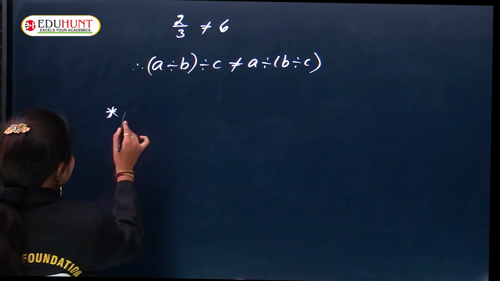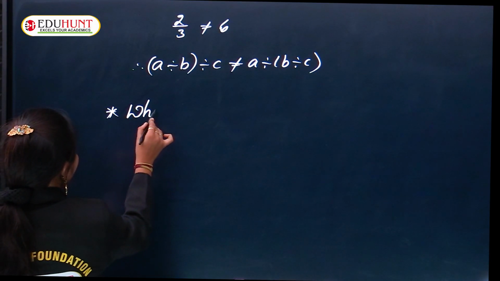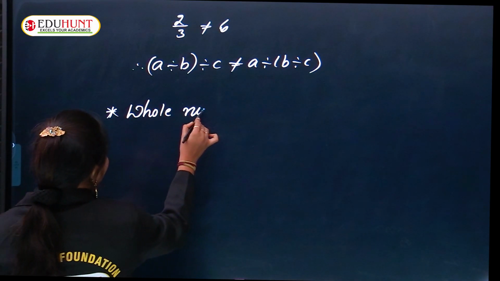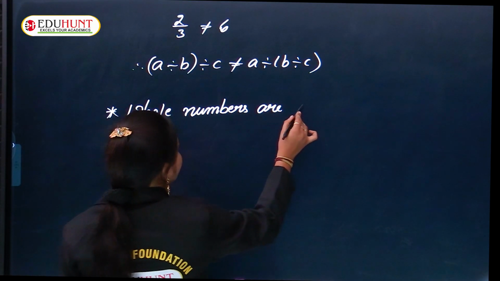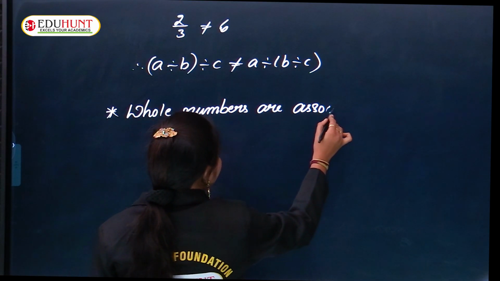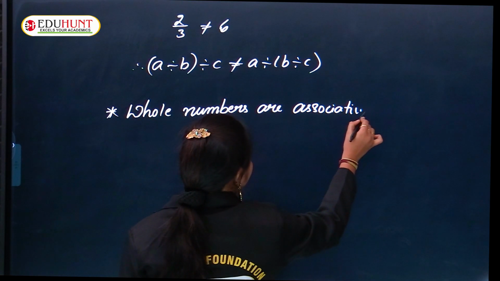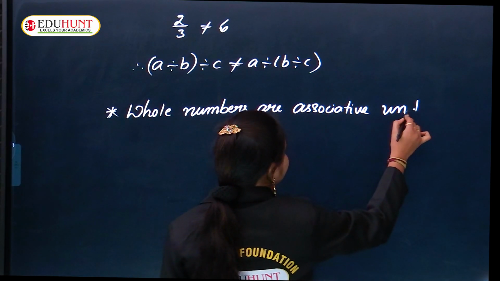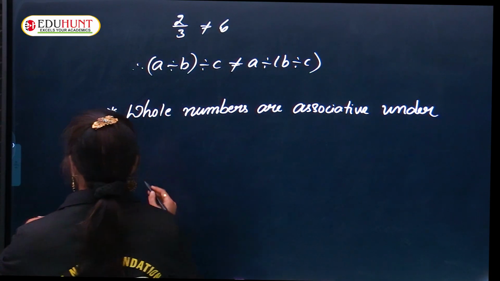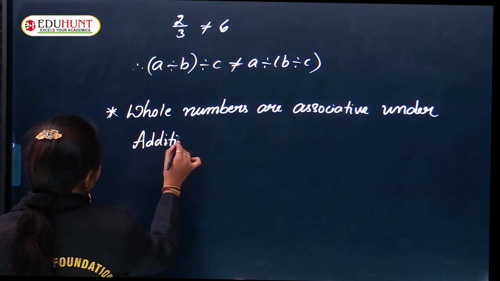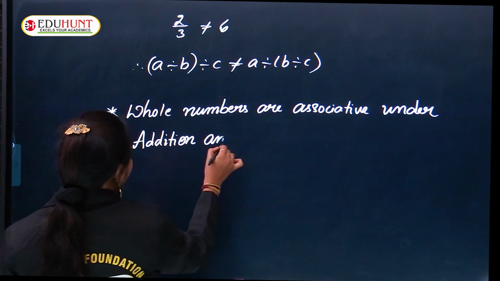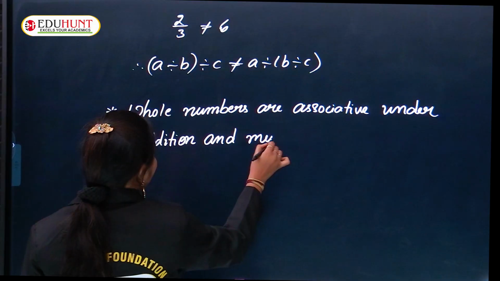And finally here we have the statements. What are the statements here? Whole numbers are associative under addition and multiplication.